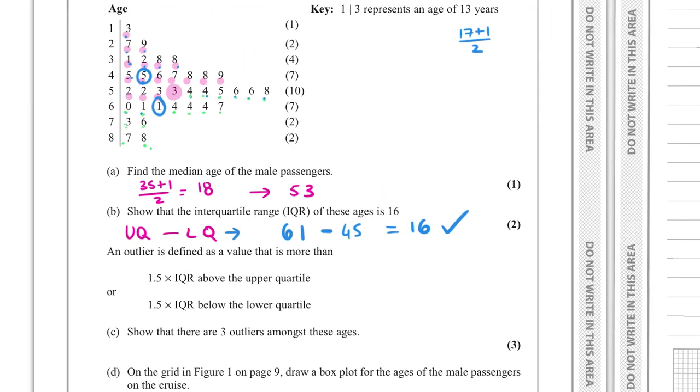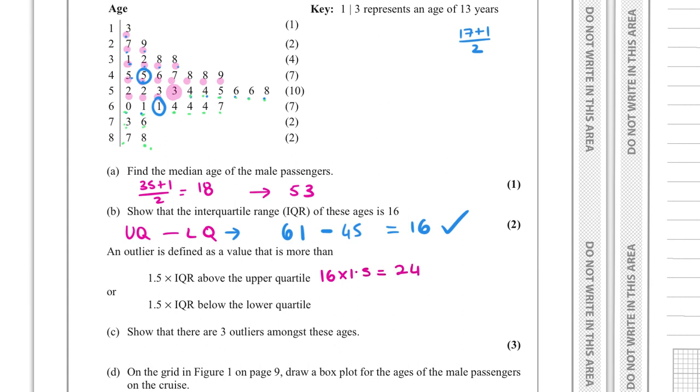Okay, an outlier is defined as a value that is more than 1.5 interquartile ranges above the upper quartile, and below. Show that there are 3 outliers. Well, first of all, 16 multiplied by 1.5. What do we get? 24?